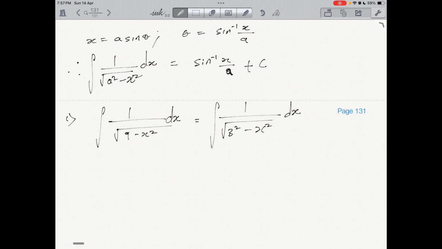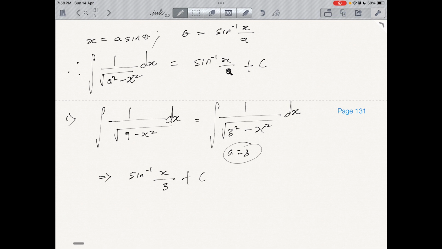Therefore, if you compare this to this, we will see that a is equal to 3. Therefore, our answer is arc sine x over 3, because we are saying arc sine x over a, and a is equal to 3, plus c. So the answer of this is simply arc sine x over 3 plus c.